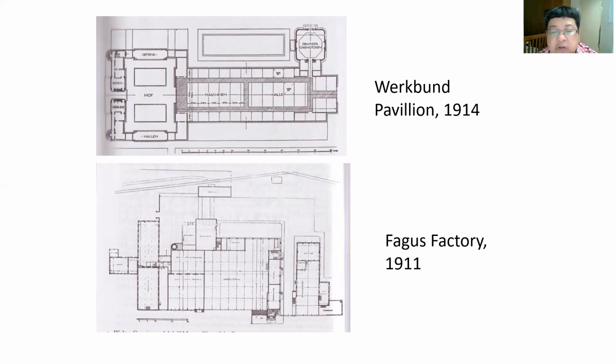And in Fagus factory in 1911 as well, and Werkbund Pavilion in 1914. Previously, they were only interested in the classical orders or the form outside. And they only had one sort of architecture language, but now they can explore different architecture languages.